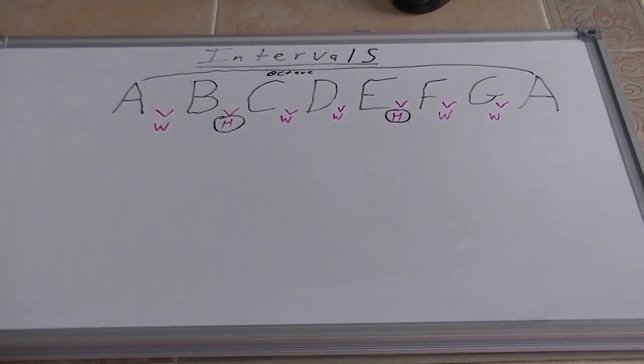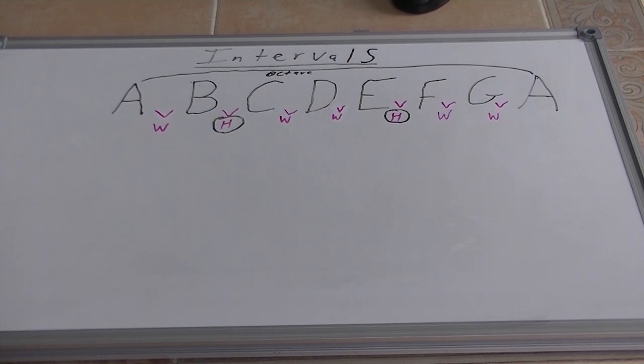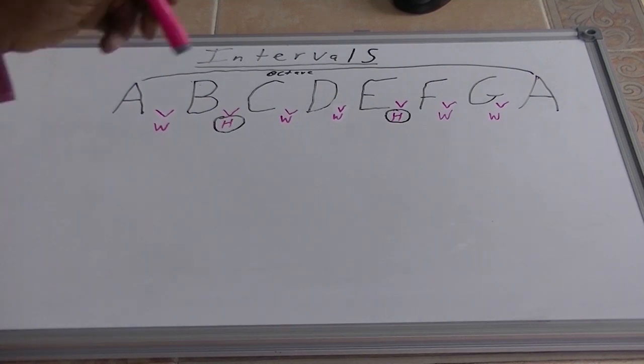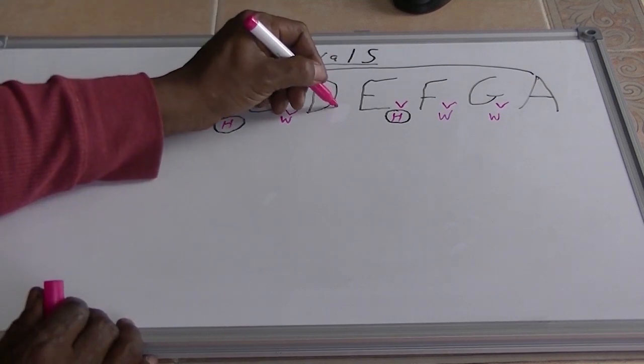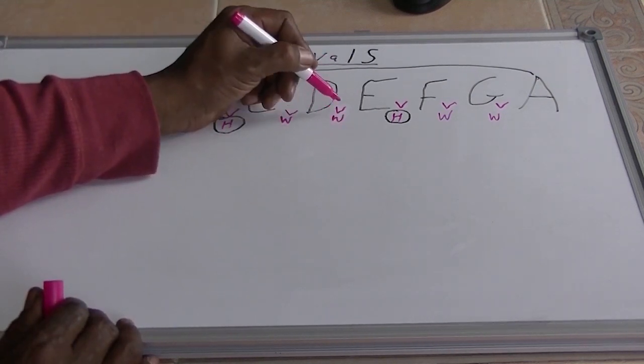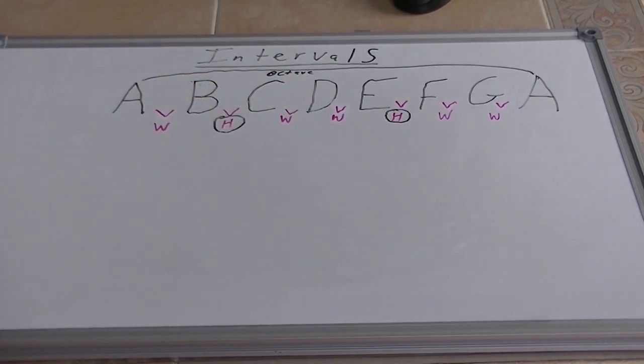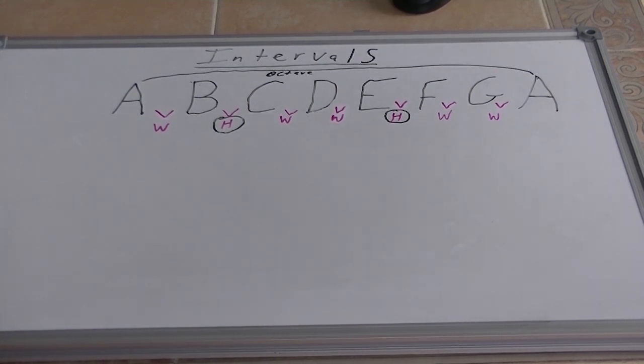So by observing these two exceptions, between the notes B and C and E and F, where the interval is a half step, all the other intervals are whole steps. So if we can just remember this, it'll be easy for us to recall the rest of the information.